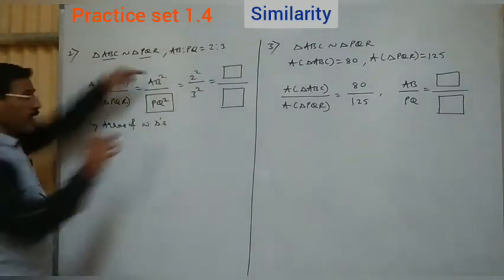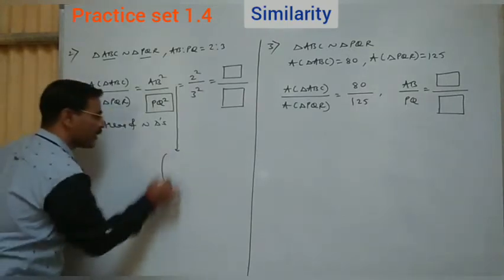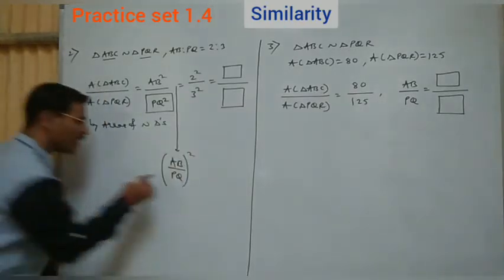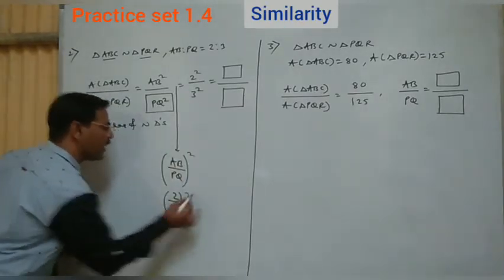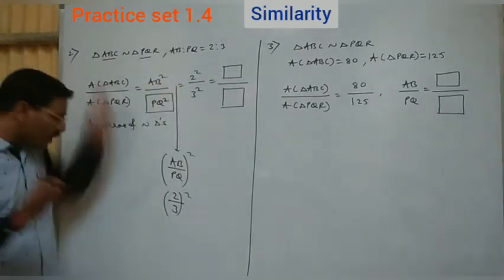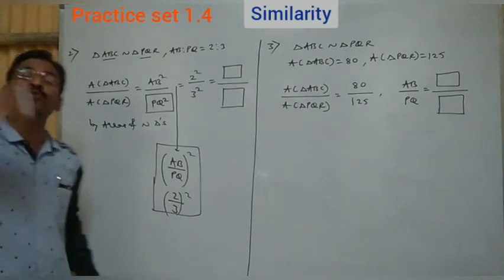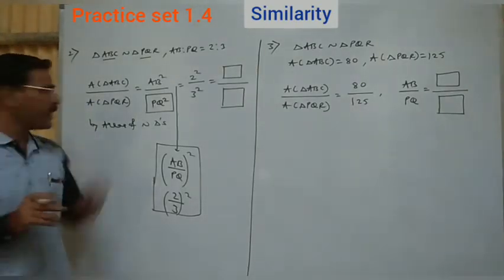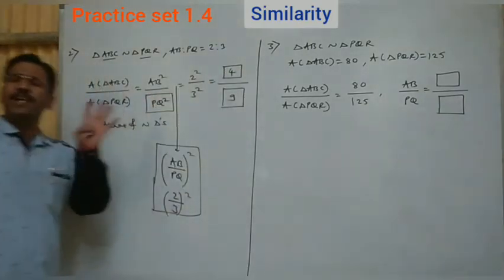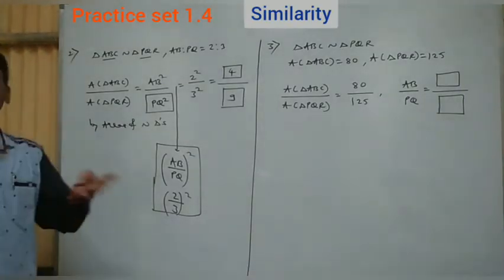Remember, again I am telling, in between these two steps there is actually a step, that is AB upon PQ squared. So here you can write 2 upon 3 squared, and then that will be 2 square upon 3 square. Understand? These steps you need not write, but sometimes you can do them in the rough section. Okay? Here after taking 2 square and 3 square, it is 4 and this is 9. Like this we have to fill the boxes, but it totally depends upon that theorem.